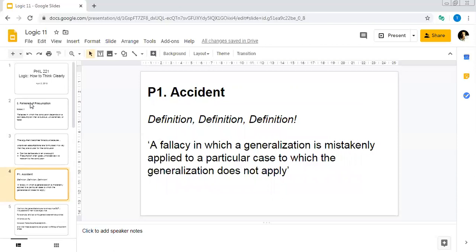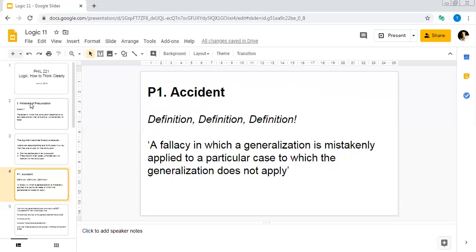So what's happening here is that you have something which is generally believed to be the case. For example, I could say that all crows are black. That's a generalized kind of statement, because usually what we see in most instances is that crows are black. Crows, I mean kave.